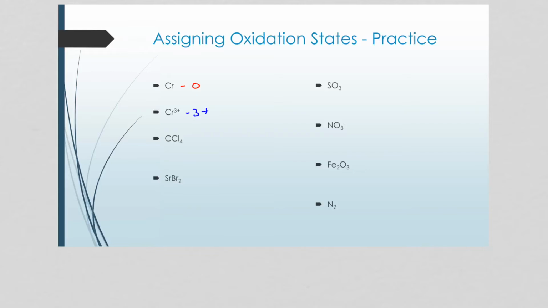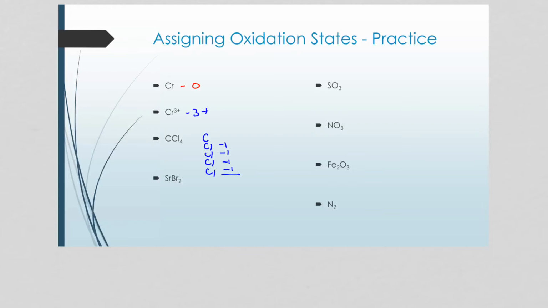So here we have a compound, right? Carbon tetrachloride, right? So one way that I like to show this out is just simply to draw the elements. So C, Cl, Cl, Cl, Cl. And then assign what we know. So we have a rule that says group 7 elements like to be -1, right? If there's nothing with higher priority, right? And there's not. So all these are going to be -1, -1, -1.